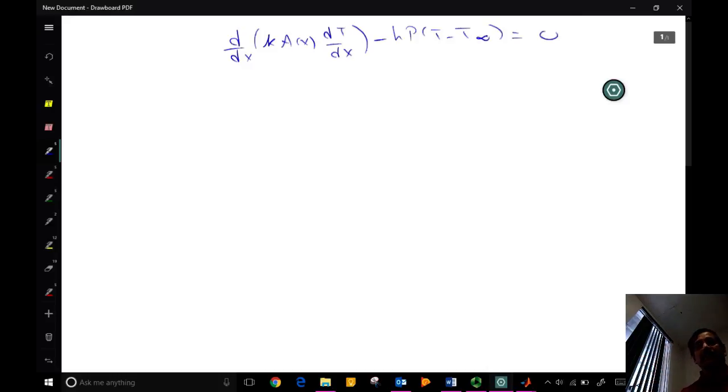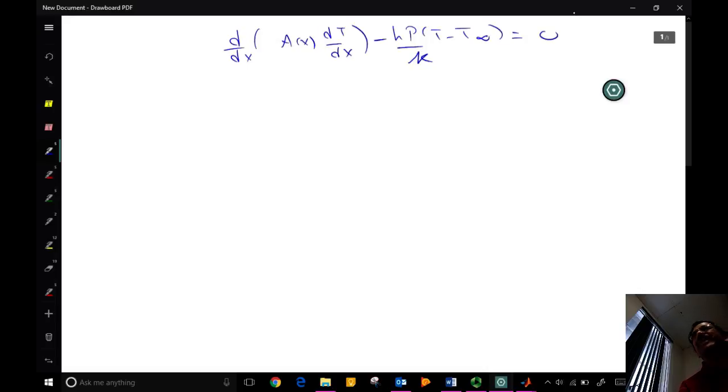dimension. Okay, so if I have d/dx of k A(x) dT/dx minus hP (T minus T infinity) equal to 0. So A is not a constant, but k is a constant, right? So you can take k out and maybe bring k here, with the dy squared by L squared also.